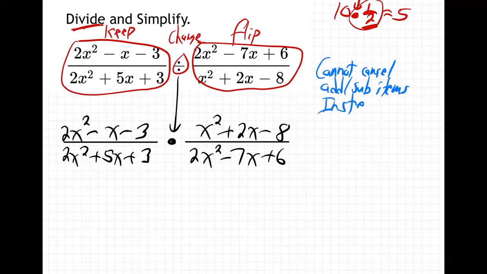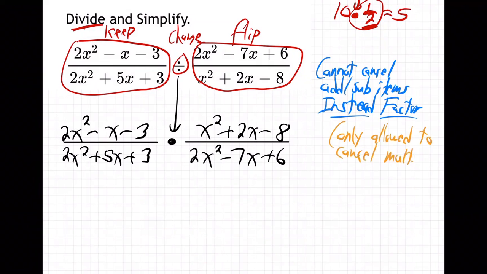Instead, we factor. Why do we factor? Because that'll make them multiplied. We're only allowed to cancel multiplied items. So we got to factor it because that'll make them multiply.